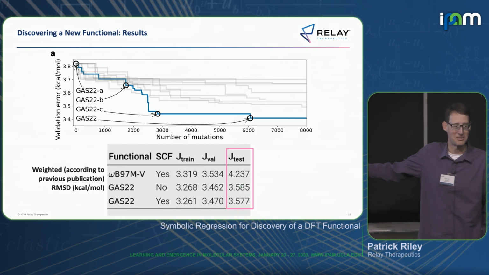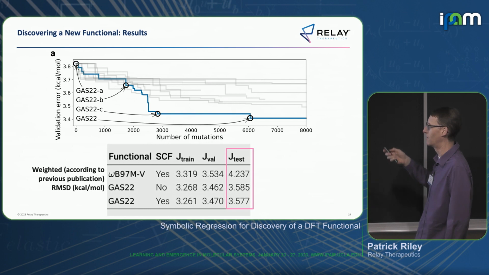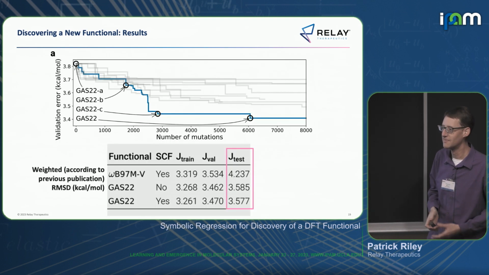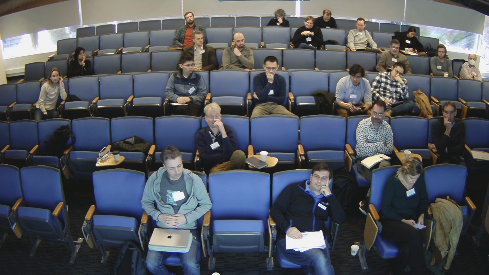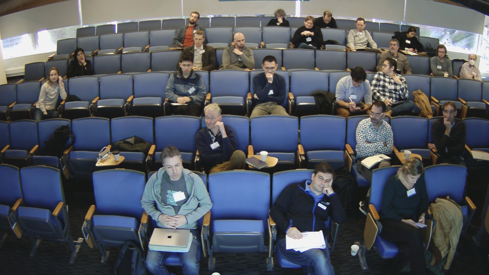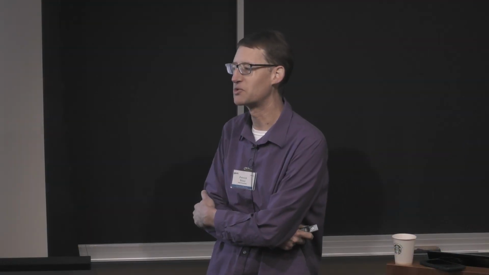Right, so this is what we were trying to do: get to a functional which, on the same data set that produced the one before, performs better. Is there any reason that you would expect that this approach versus the previous one is going to generalize better? I would say there's no fundamental reason to think this would be better or worse.